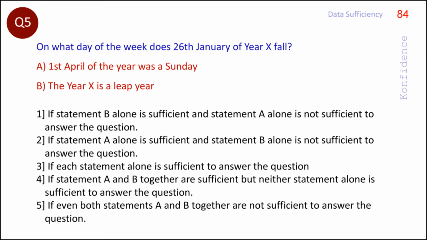If even both statements A and B together are not sufficient to answer the question. Do one thing. Look carefully at the options in question number 5 and question number 4. Try and find out if there are differences in the options. That is the first step to understanding DS properly.